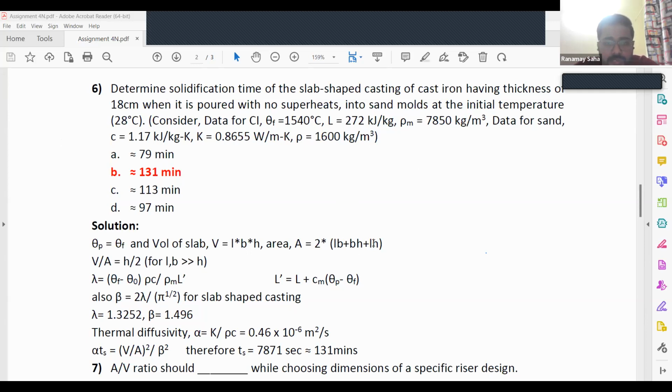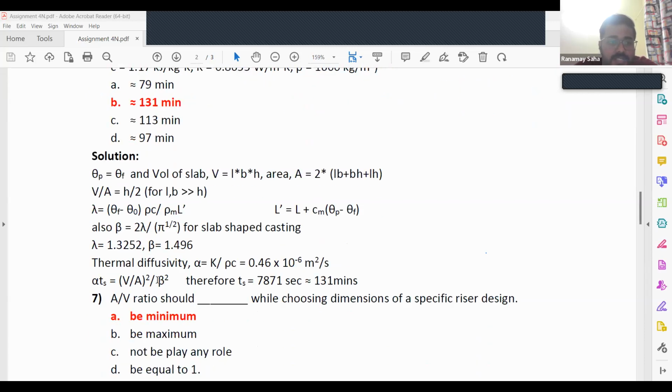So here you can say that the H value is much smaller as compared to the length and breadth. So in the area part you only have length into breadth, the first term. When you divide V by A, you find it almost equals half of the height, the thickness. And the rest is same.